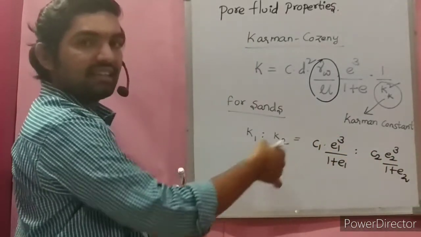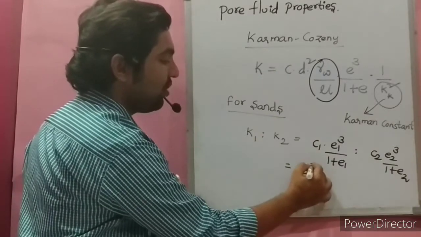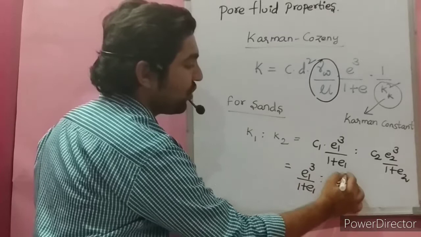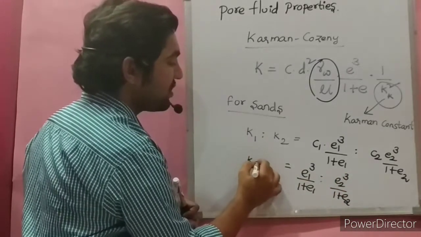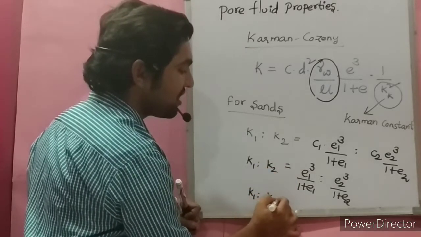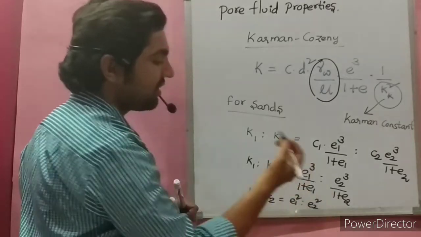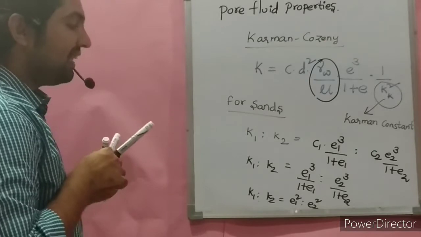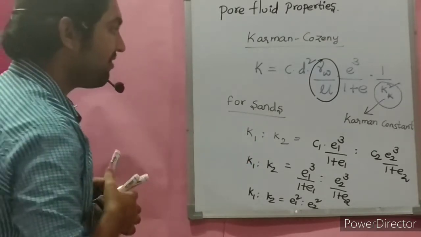Approximately they considered C1 and C2 equal in case of sand, and they gave the ratio E1 cube by 1 plus E1 is to E2 cube by 1 plus E2 for sands. Also they gave K1 is to K2 is equal to E1 square is to E2 square. And for silts, it depends upon the logarithmic variation.